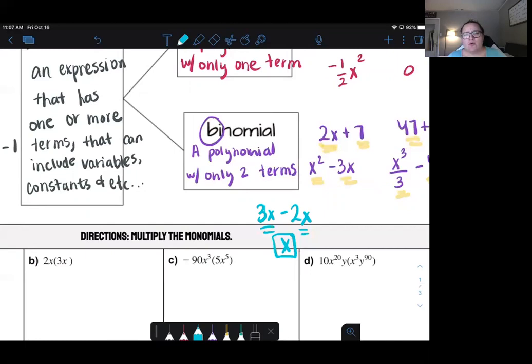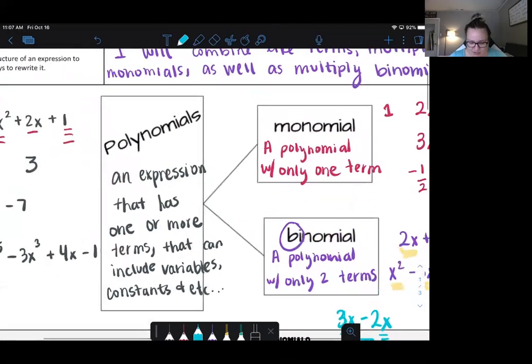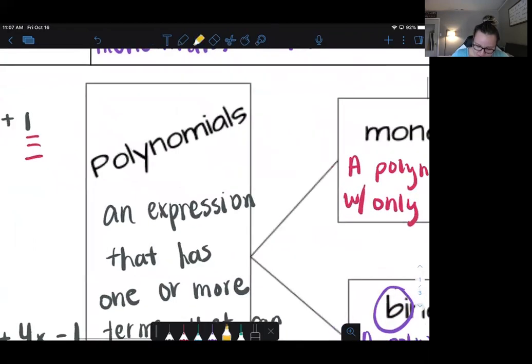So you want to always make sure that your polynomials are written in the most simplified form that you can possibly get them in. Always combine your like terms and then figure out what type of polynomial it is after you've simplified your expression. One thing I forgot to mention too is the word roots of polynomials. Poly means many.